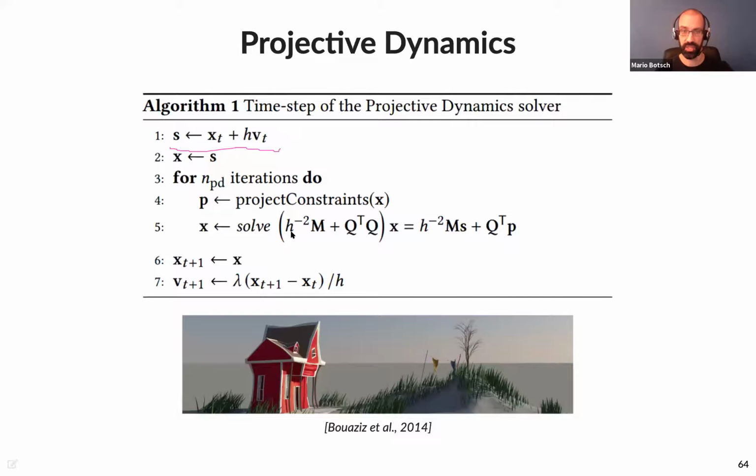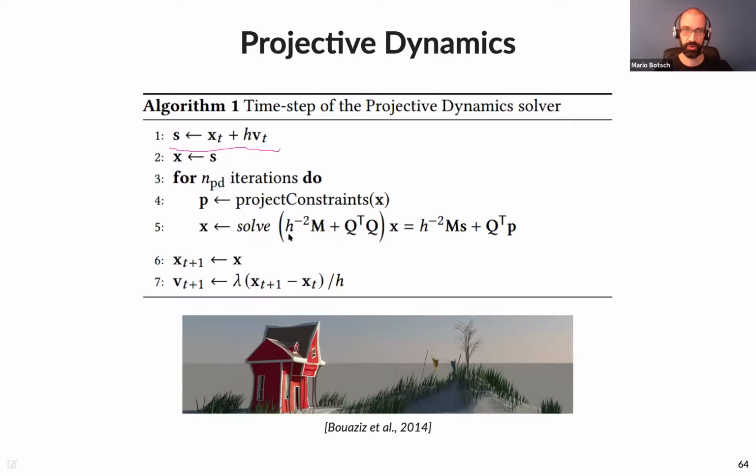This is the system matrix that consists of a mass term. This is basically responsible for inertia. This QQ transpose is least squares constraint satisfaction. We are looking for all the vertex positions X, and we have the right-hand side where the projected constraints, like the target positions, come in.